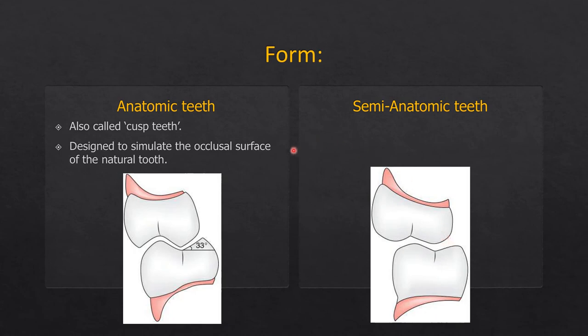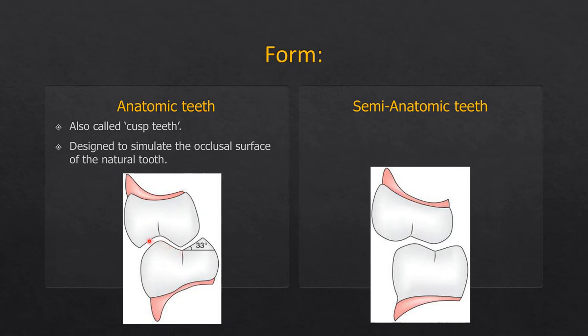Once you have selected the tooth mold depending on the buccolingual and mesiodistal width, we also need to take into consideration what type of occlusion we will be giving, and also aesthetics. Generally we have two categories of posterior teeth, classified as anatomic and non-anatomic, with semi-anatomic being a part of non-anatomic teeth.